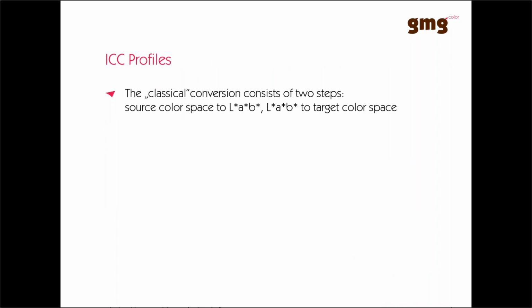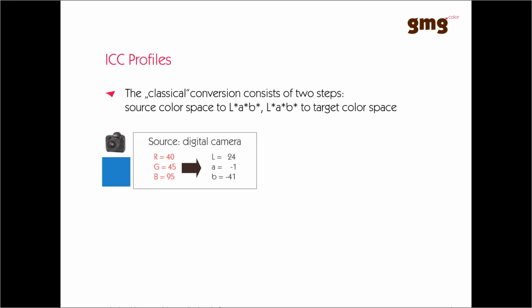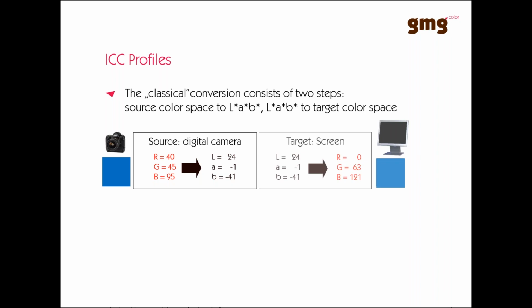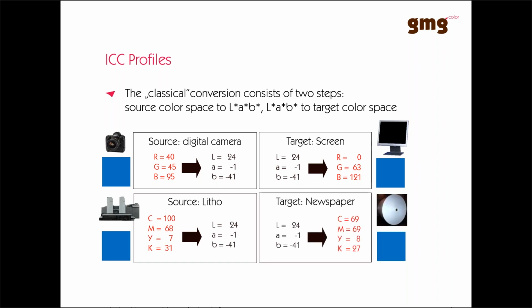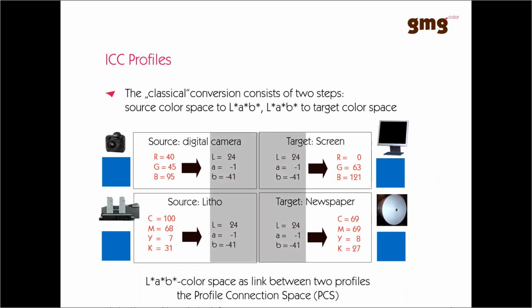The classical conversion is the conversion using ICC profiles. You have a source and a target profile. Both are containing device-dependent color spaces, plus the device-independent LAB color value. And the link here is the profile connection space, the LAB color space in most cases, which then allows to transform one color.